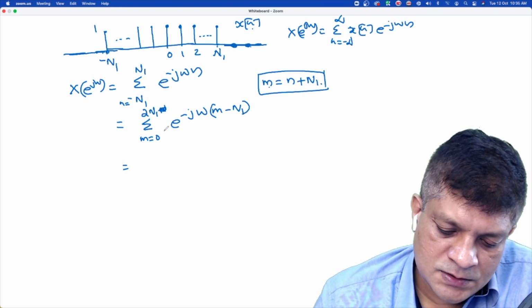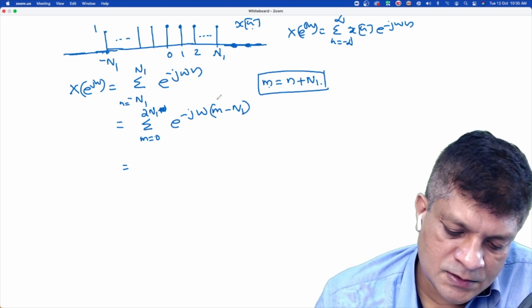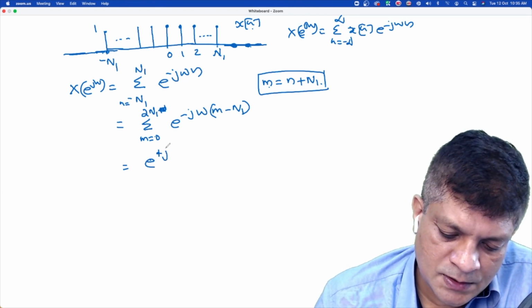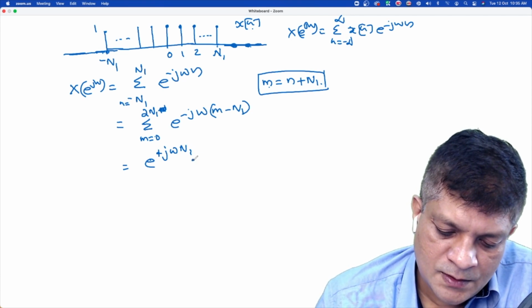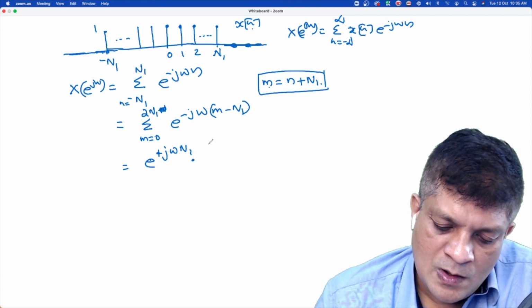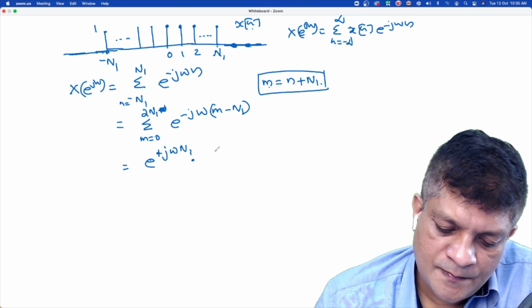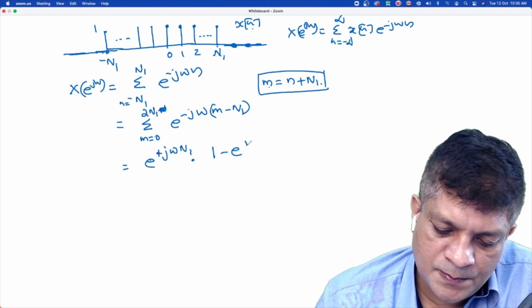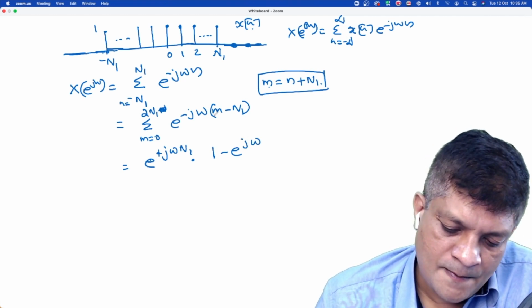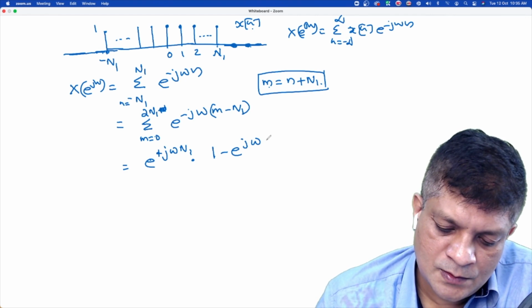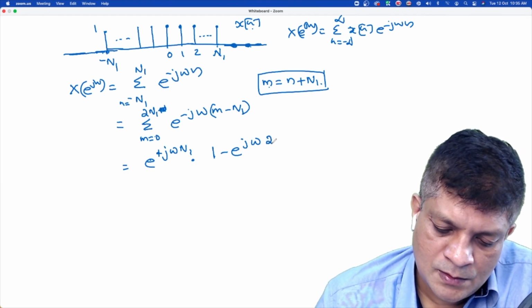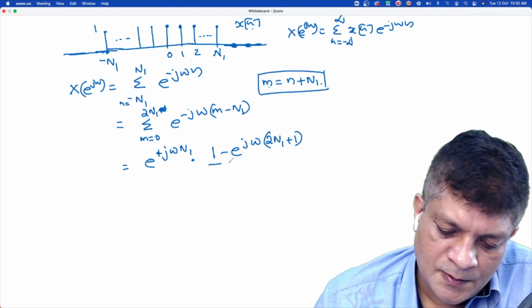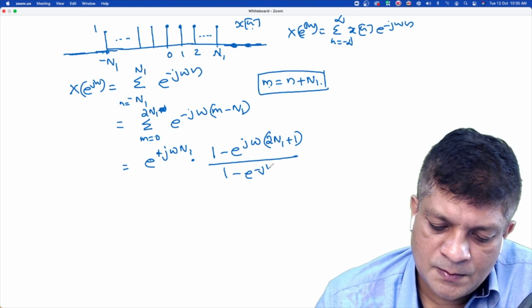We can take this n1 term outside. It is e to the power plus j omega n1 into, I'm skipping the intermediate step, 1 minus e to the power minus j omega into 2n1 plus 1, divided by 1 minus e to the power minus j omega. Oh, sorry, there is a minus sign here, isn't it?